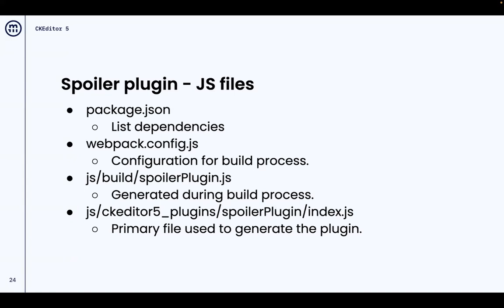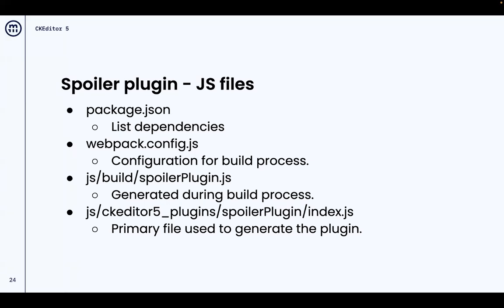For the JavaScript side of things, there is a package.json file created that lists the dependencies needed and the pieces needed for the build process. And then you have a Webpack config file that instructs the Webpack tool on where to find the source files and what the output file should be called.